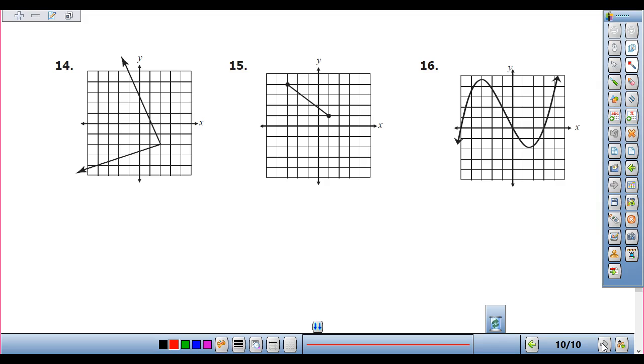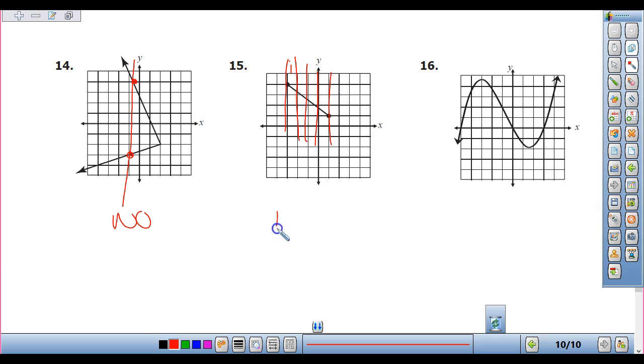Oh, 14. If I draw this line, does it go through more than one spot? Yeah. It goes through right there and right there. So that makes it not a function. Oh, 15. That one is a function, because none of these lines go through more than one point.